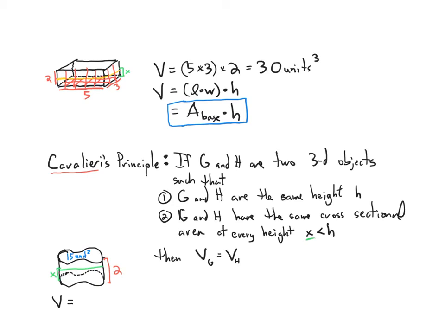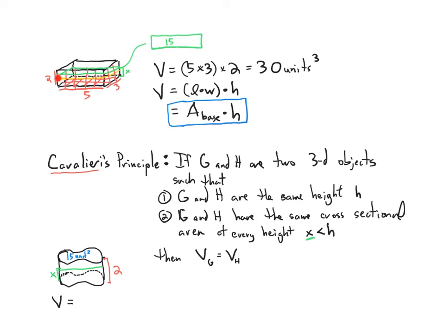Well, the cross-sectional area is going to be the same as the area of the base in both of these guys. So our cross-section, if we cut it, say here, here's our cut. Let me make this cut. There it is. And I take that over here. There's my little cross-section. Let's say that area is 15 because it's a 5 by 3 rectangle still.